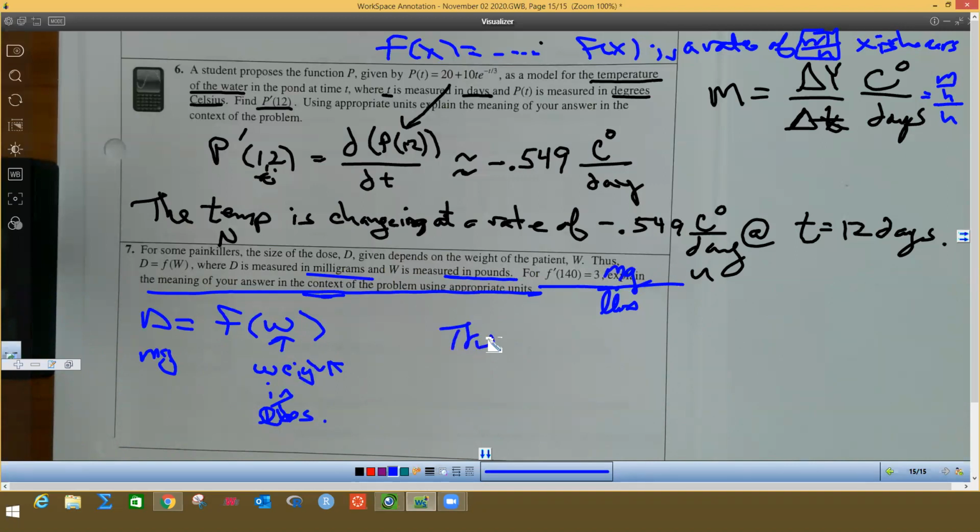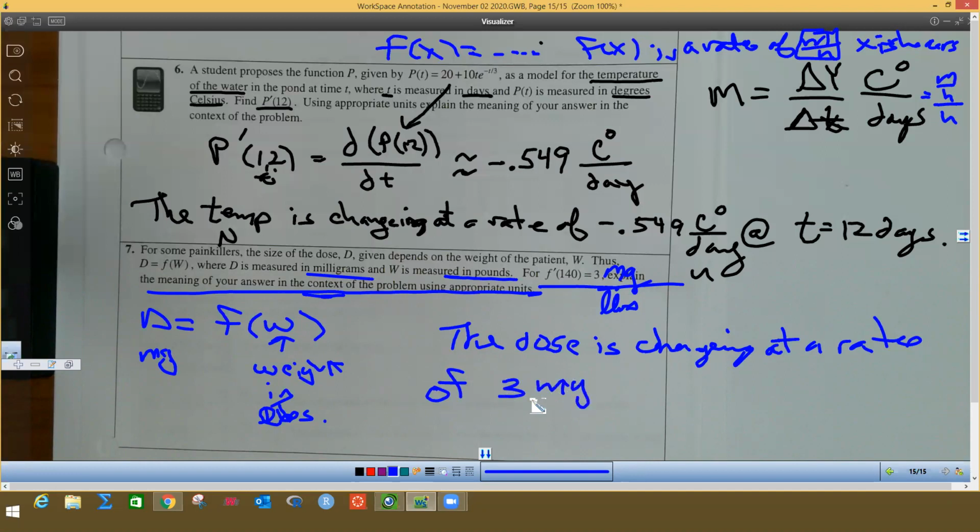The dose is changing at a rate of about 3 milligrams per pound when W equals 140 pounds.